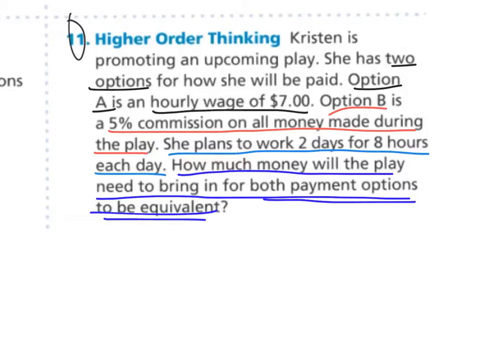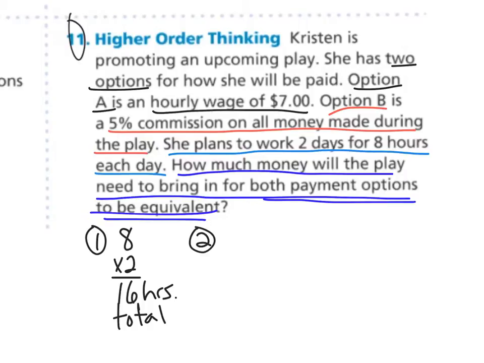So one thing we could do here, a good first step would be looking at how many hours she's working altogether. So we could do 8 times 2 or 2 times 8 or 8 plus 8 if you want. And you could see that she'd be working 16 hours altogether. And then for option A, hourly wage of $7 means she's making $7 an hour.